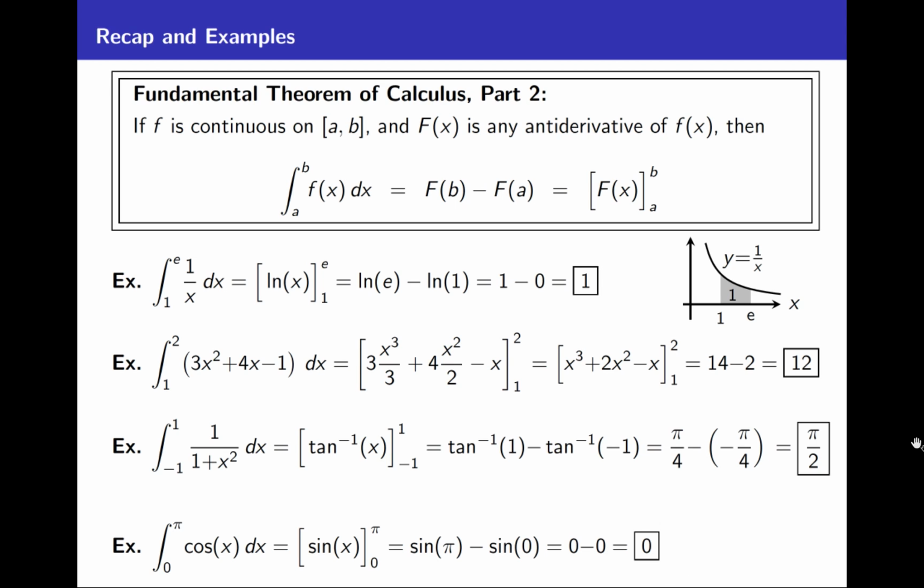Now that answers the question, but it just so happens I have a little room here where I could put in a graph. And if you think about the graph of cosine of x between 0 and pi, you understand why you got a value of 0 for this definite integral. It's because part of cosine of x is above the x-axis, and right here at pi over 2, it switches and becomes below the x-axis.